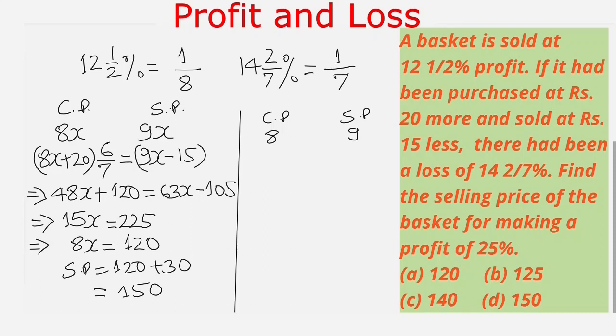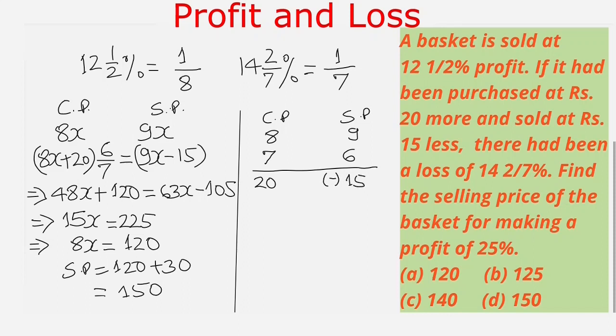So if the cost price is 7, then there is a loss of 1 on every 7, then selling price becomes 6. As given to us, the cost price increases by 20 and selling price decreases by 15. So I put 20 in column of cost price and minus 15 in column of selling price.